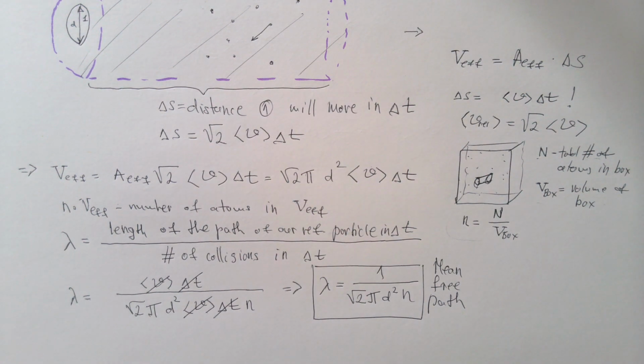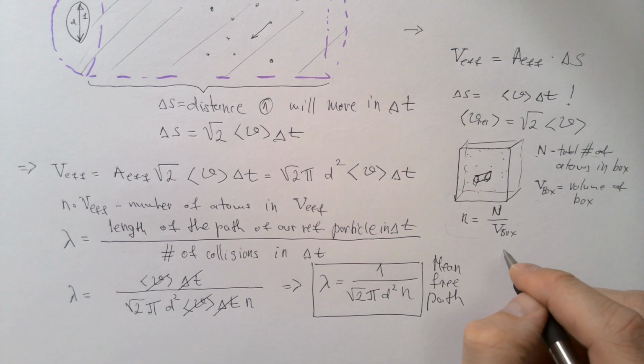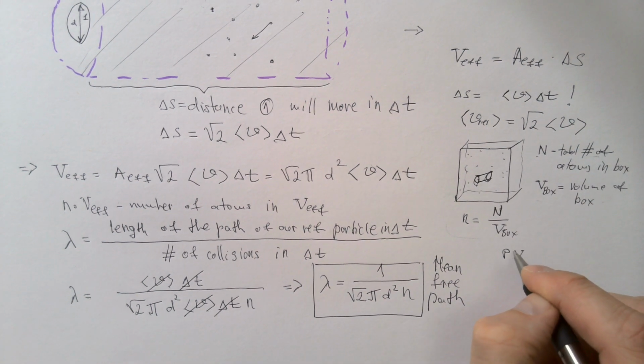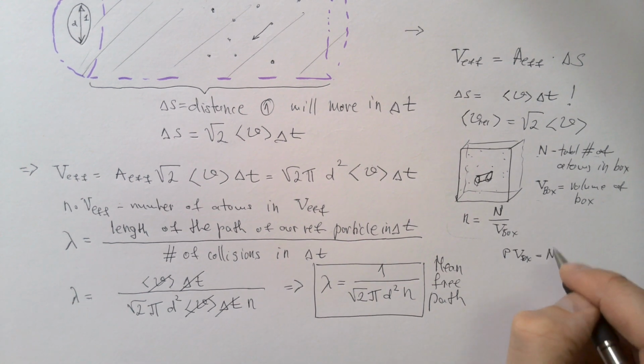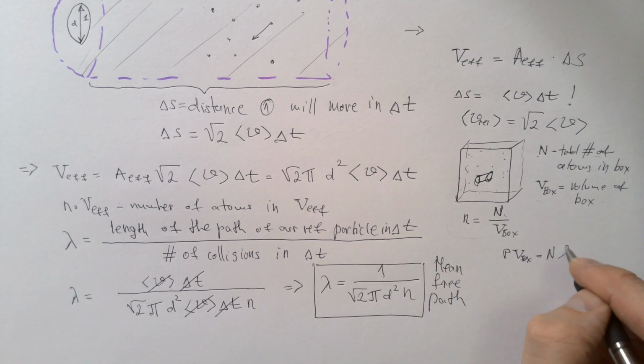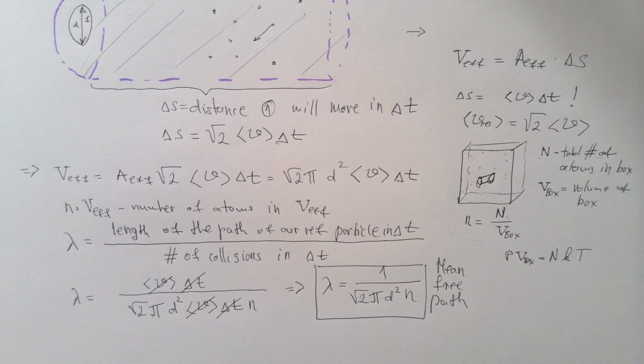Now this is a very good result, but we can make it even better because this n is difficult to find. So we can replace n using the equation of state for an ideal gas. We know for this box over here that pressure in the box times volume of our box is equal to number of atoms in this whole box times Boltzmann constant times absolute temperature.